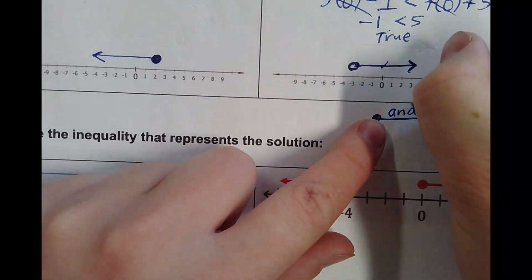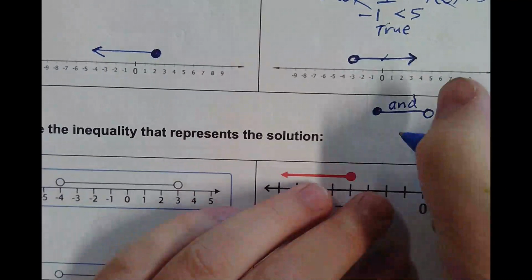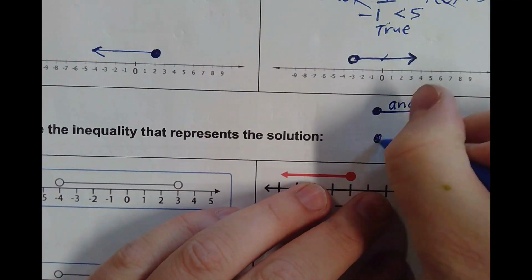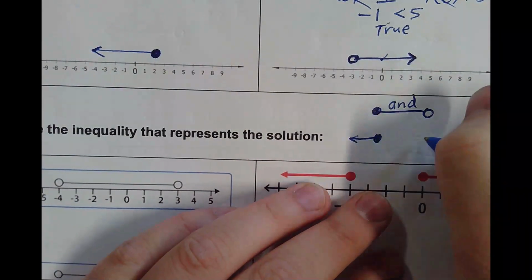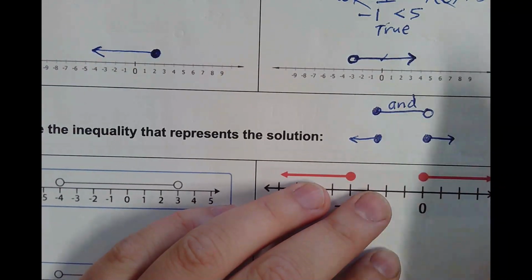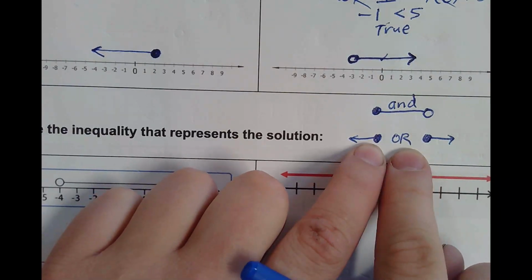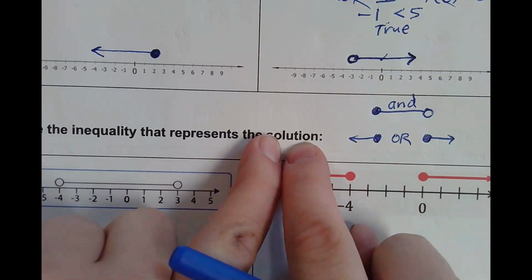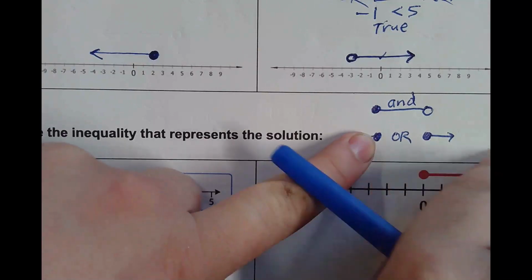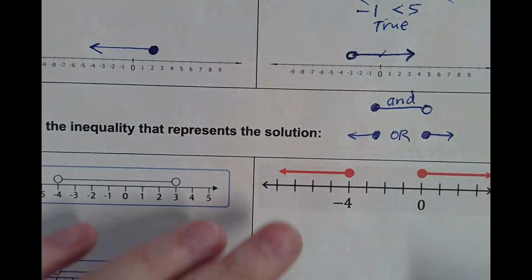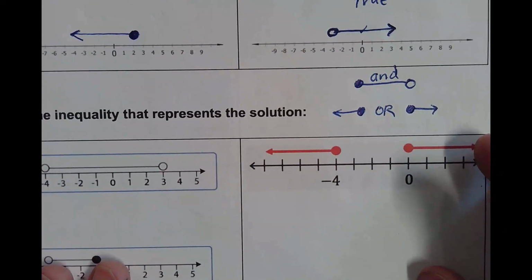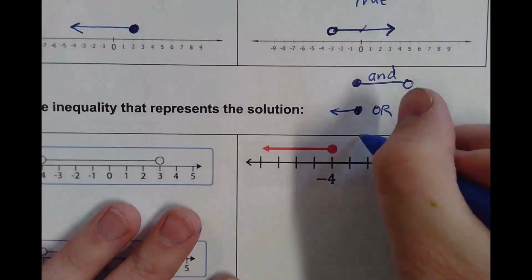It's both, so we want to call it "and." Another example is if they're facing out, for example this one, I want to call this "or." It's "or" because it's either going this way or it's going to the right. Usually negative and positive. So, in this situation, we know it's an "or" situation.